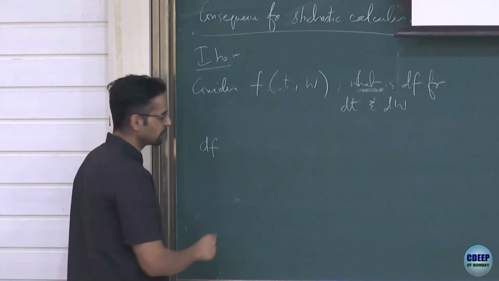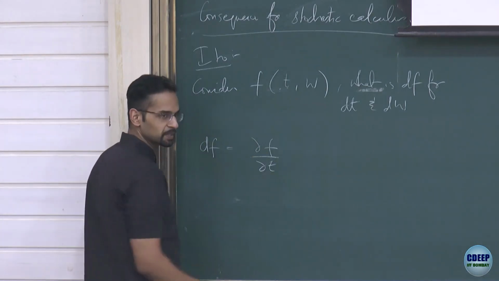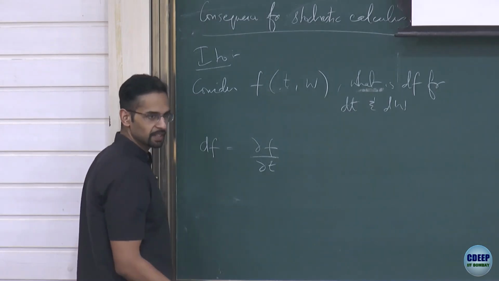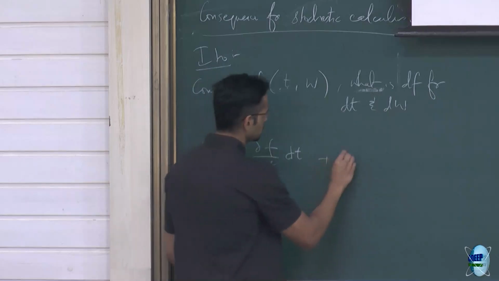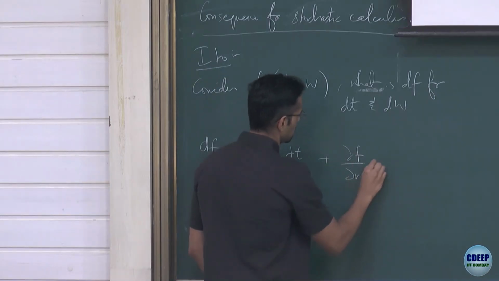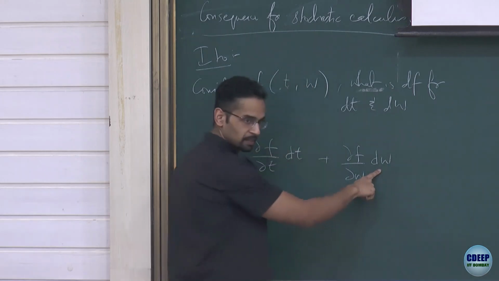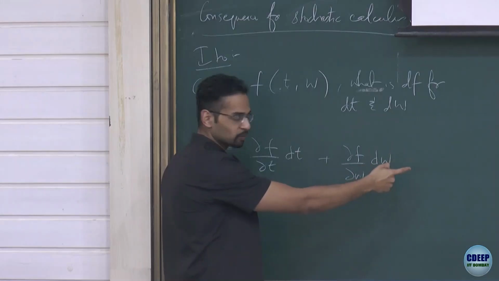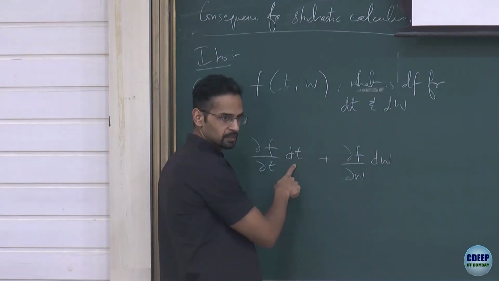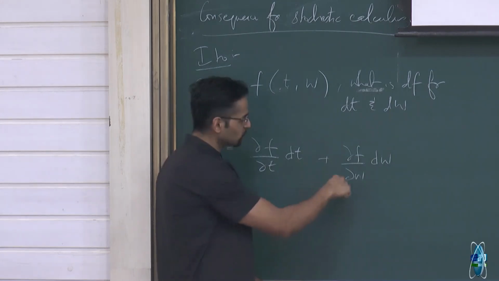So I would say the increment df. Remember, this is just some explicit function, and I can always take its derivative. Plus, but now I should not stop, because the mnemonic rule tells me that I will have a dw square which will be of the same order. If I want to retain up to the leading order, I need to take another term.